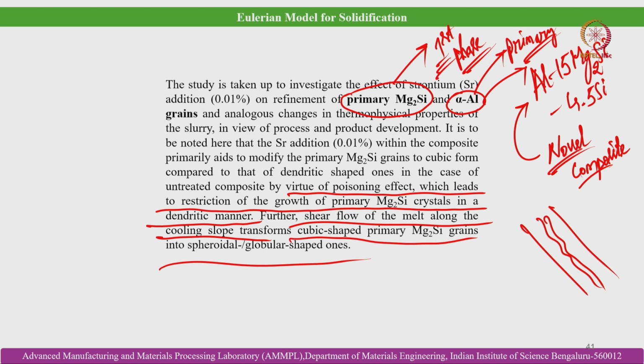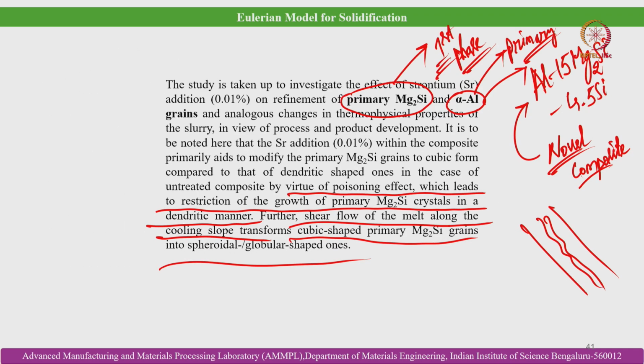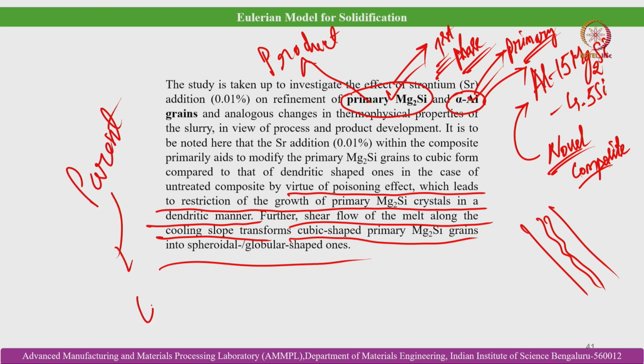Now we will discuss the conservation equations that we have solved for each phase. We have already discussed the two primary phases, primary Mg2Si and aluminum, and also the parent liquid phase. Here, aluminum and Mg2Si are the product phases, and the parent phase is the liquid composite melt.